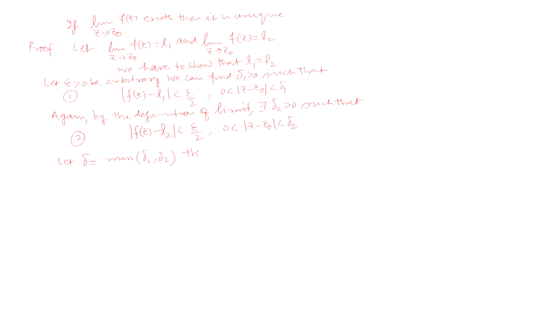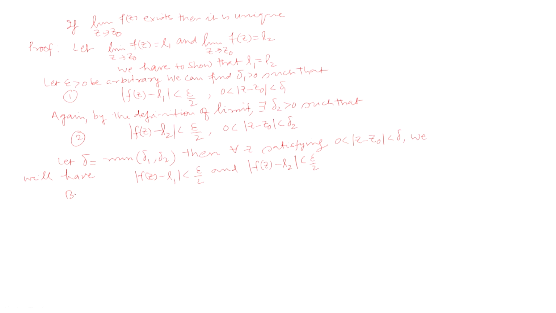Then for all z satisfying 0 less than mod of z minus z naught less than delta, we will have mod of f z minus L1 less than epsilon by 2 and mod of f z minus L2 less than epsilon by 2. Okay.